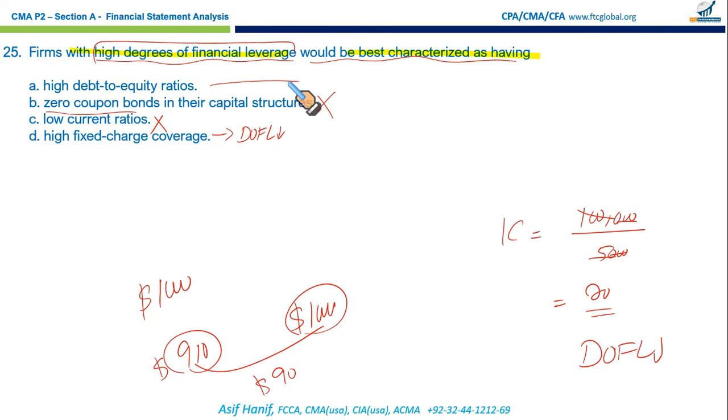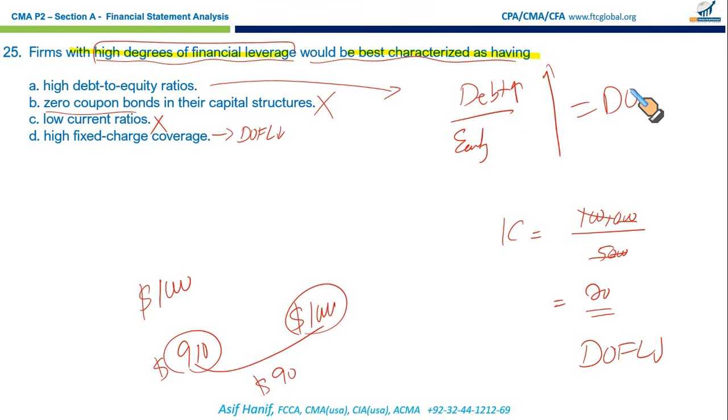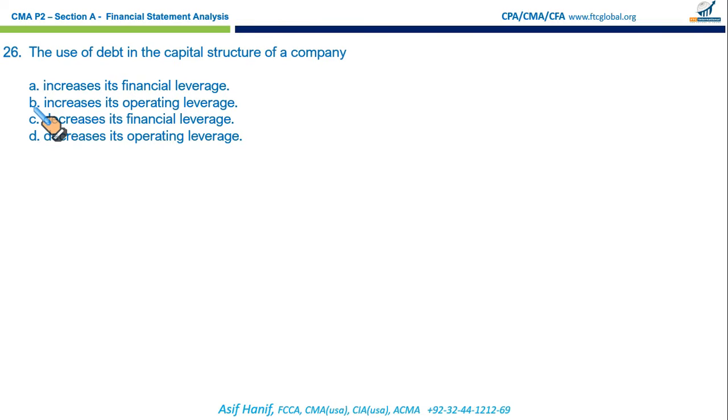Yes, a high debt to equity ratio, debt upon equity. If debt is a bigger proportion of the total funds available, that is what you call the degree of financial leverage being high, and that is exactly what we are looking for. All of you got it right. Correct. Very good. The use of debt in the capital structure of the company.